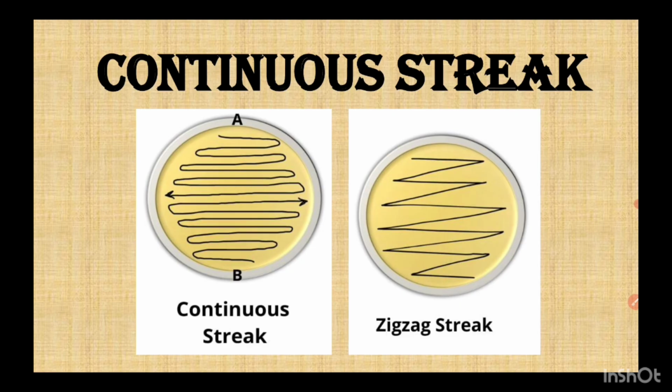Before performing the continuous streak, once we have to sterilize the loop, then we take a culture and spread the culture in a continuous way without lifting the loop. This method is good for antibiotic testing or culture of lots of bacteria. As it is a simple technique, the bulk growth of microbes can be obtained.